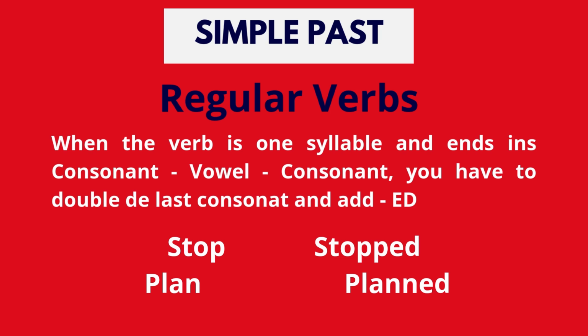So we have to double the p, and then add ed. So stop, stopped. It's the same for plan. Plan is a single syllable, and it ends in consonant, vowel, consonant. In this case, we have to do exactly the same. We have to double the last consonant, in this case n, and add ed: planned.